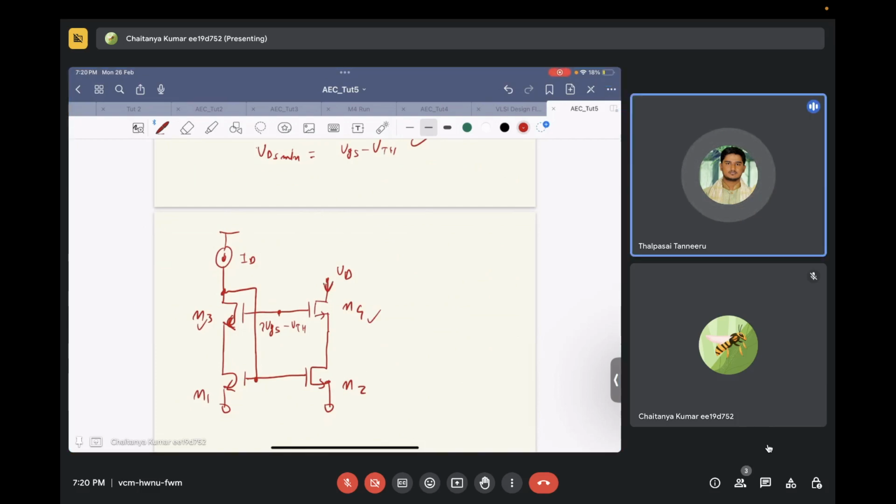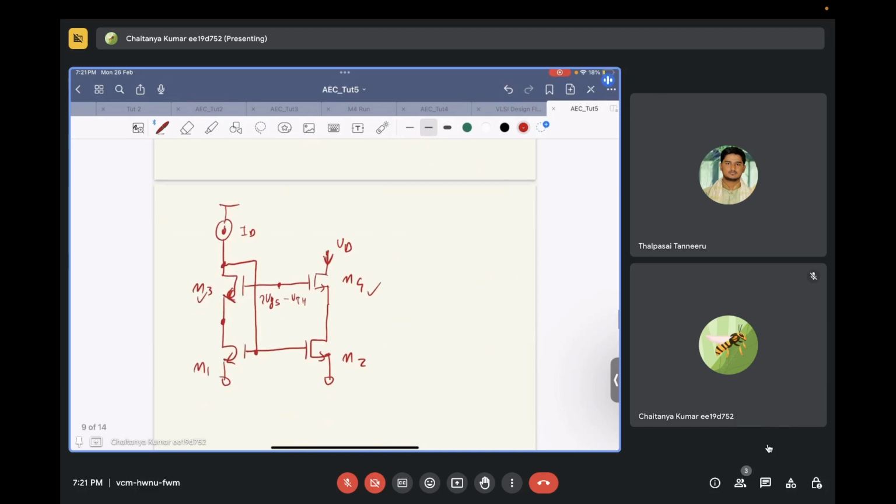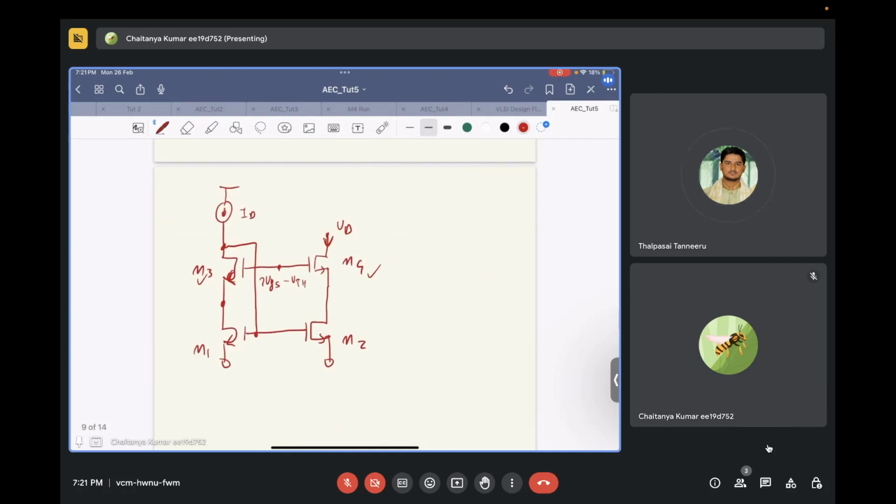Yes, definitely it will impact the current copy. If there is mismatch in transistors M3 and M4, there will be some sigma of the mismatch.